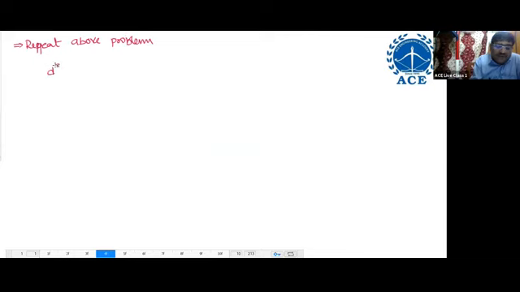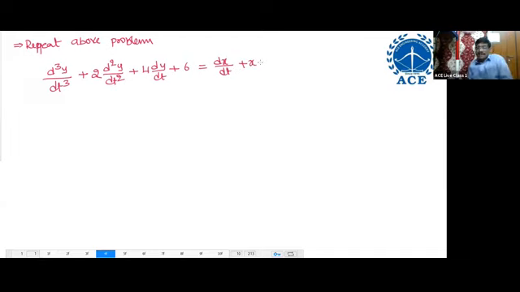So d cube y by dt cube plus 2 d square y by dt square plus 4 dy by dt plus 6 equal to dx by dt plus x. Come on, tell the answer. Anybody tell the answer?